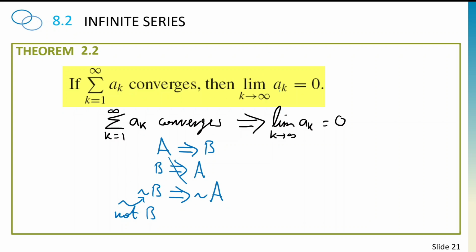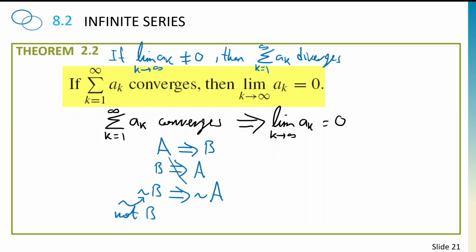If the limit of a_k does not equal 0, what is that supposed to mean? Then sigma a_k from k equals 1 to infinity, what's the negation of convergence? It's divergence. And this is what takes us, this theorem, to our next slide, which is the first divergence test.